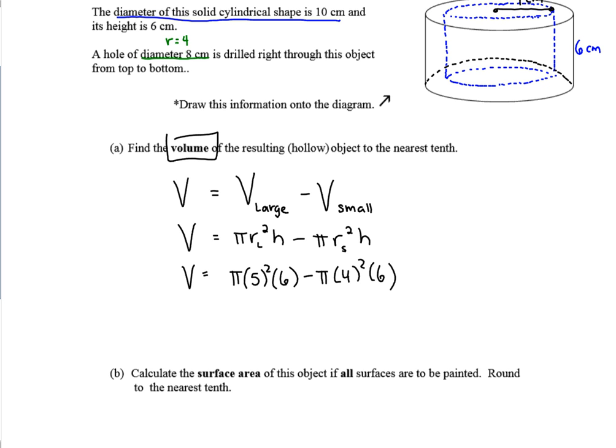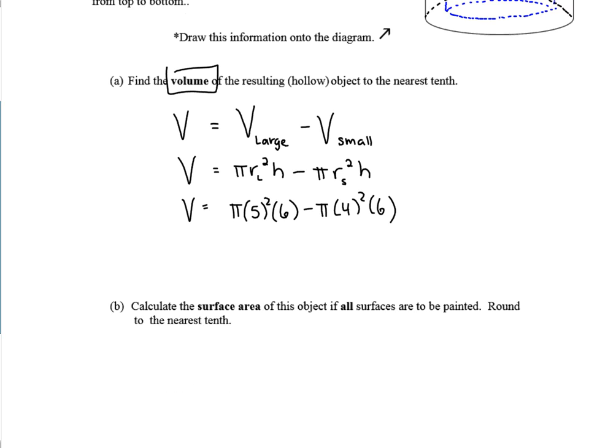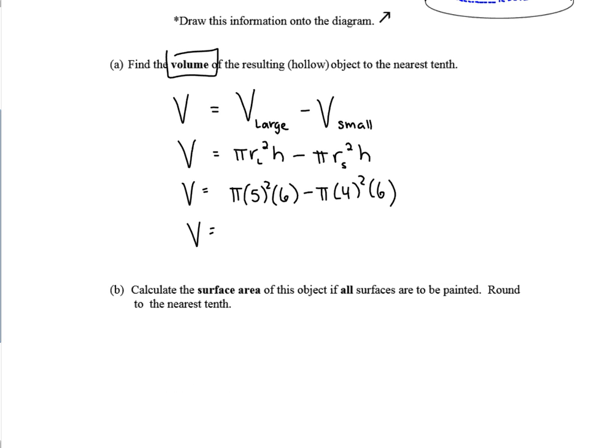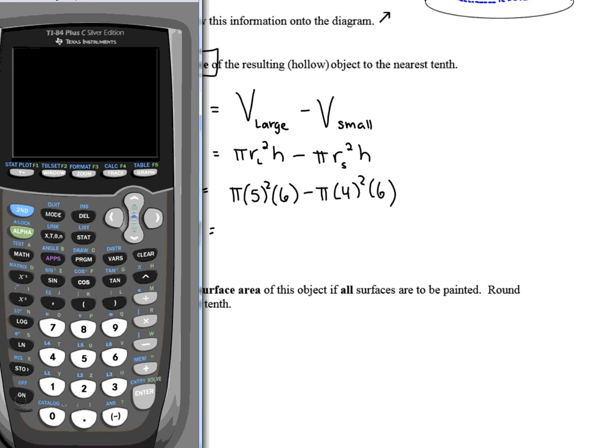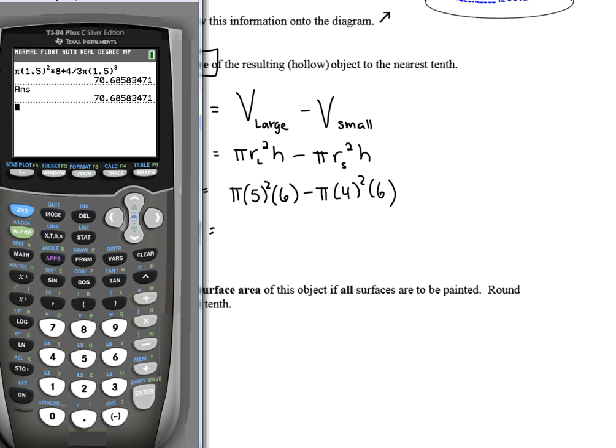Okay, type that in your calculator to the nearest tenth. Pi 5 squared times 6 minus pi 4 squared times 6. You don't have to put the times symbol, but you might want to, between pi and 5 squared.